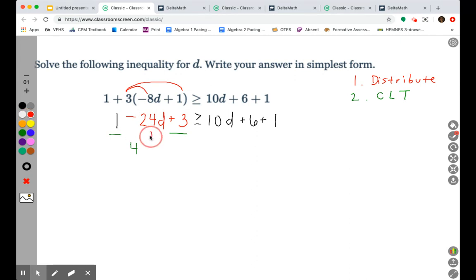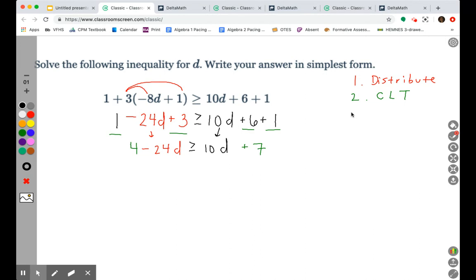I need to bring down that negative 24d. I need to bring down my greater than or equal to. And on the right side, I need to combine my like terms as well. So I have a positive 6 and a positive 1 to give me positive 7. And I need to bring down that 10d that I haven't used yet.